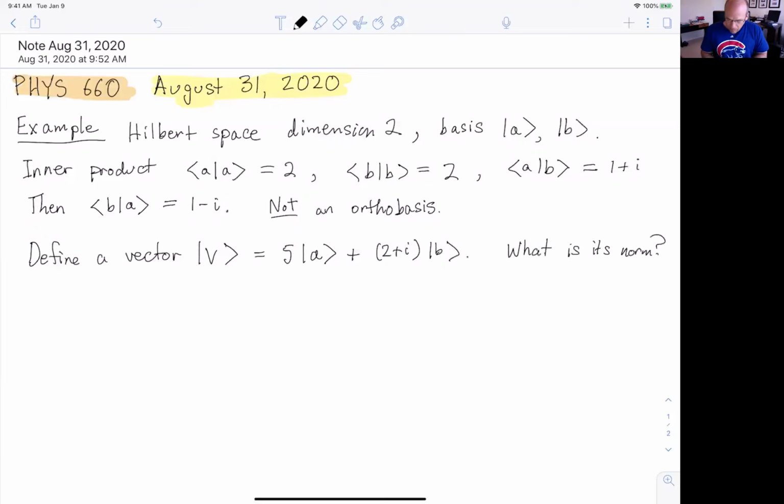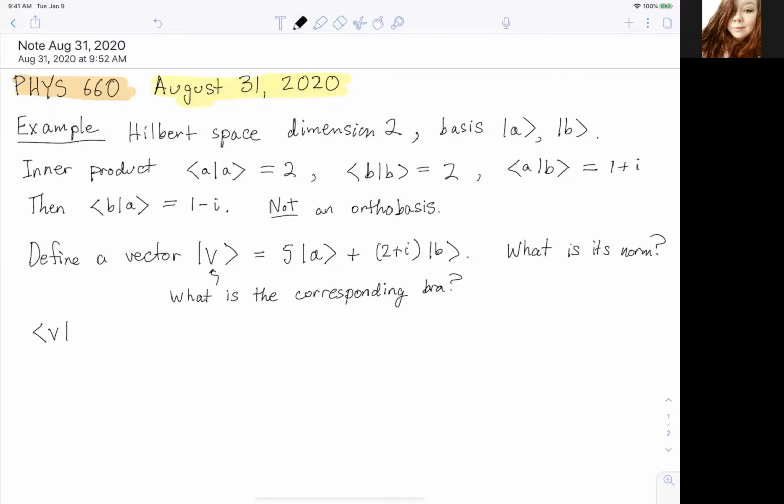Okay, so the first thing I want to do when I'm going to find the norm is ask the question, what is the corresponding bra? Because for every ket, there's a bra and vice versa. And so what I'm asking is, what is this object, V with the left angle bracket, which makes it a bra.